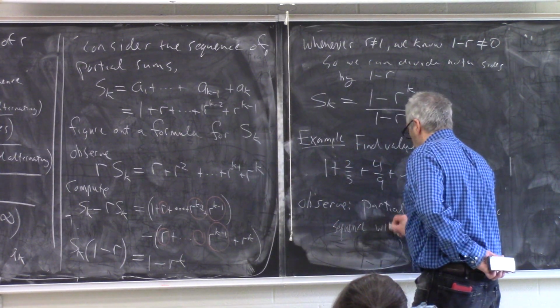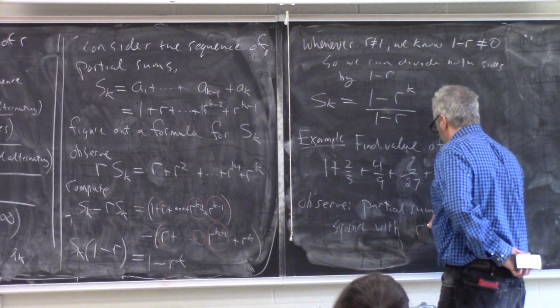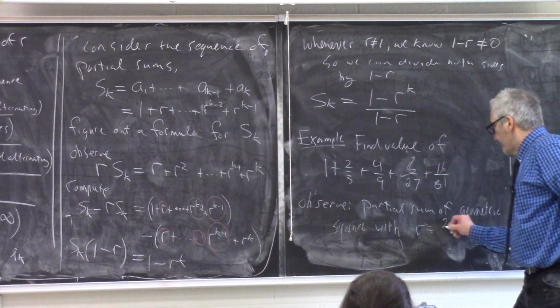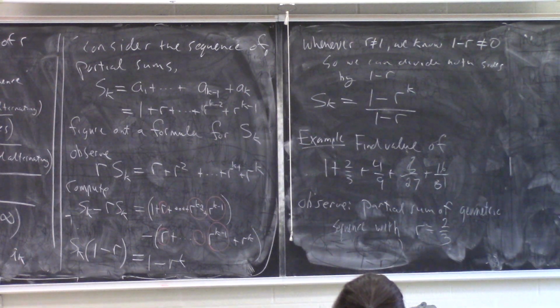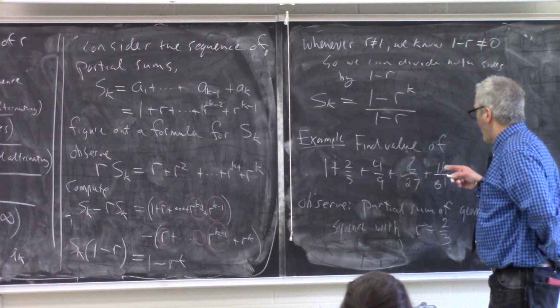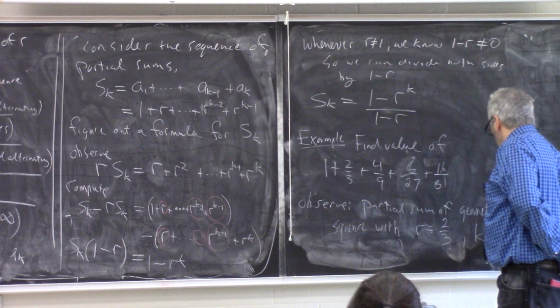Well, what's the value of r for this geometric sequence? r is the number 2/3. And which partial sum is this? Well, that's r to the 0, r to the 1, r squared, r cubed, r to the 4th. And so we have k equals 4.